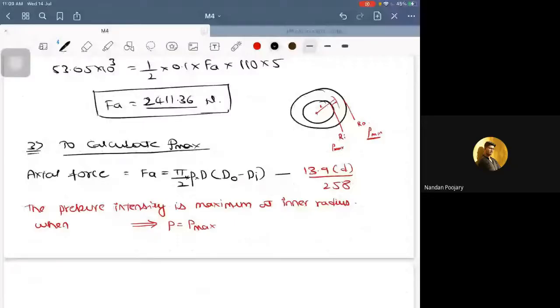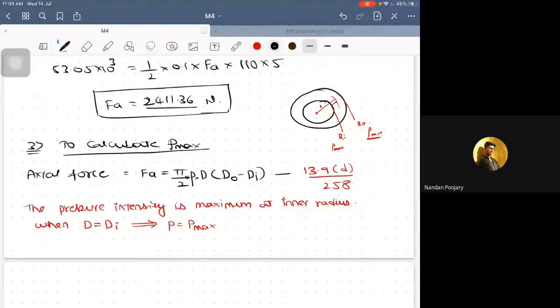So here it is in terms of diameters. So I will take in terms of diameters directly. So when D value is equal to Di, P will be equal to Pmax. The pressure is maximum at the inner side. Same thing I will be using here.